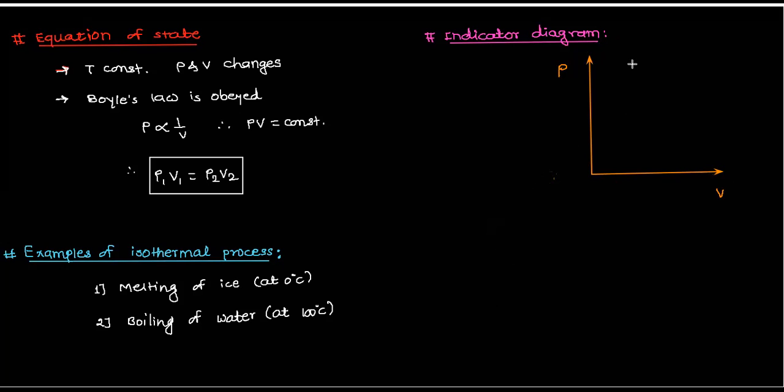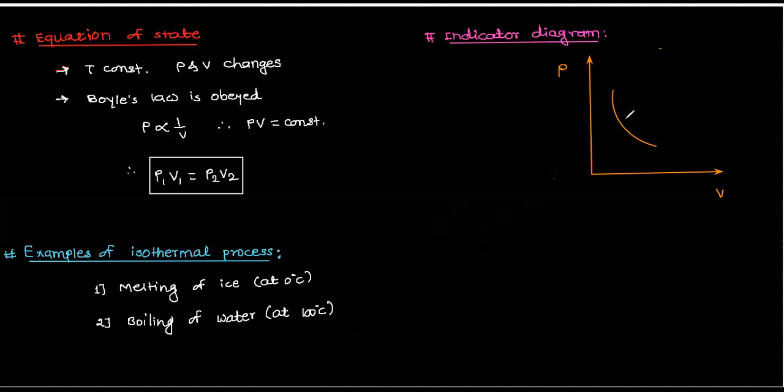And if I plot a graph, what type of graph am I getting? Like this graph you are getting.